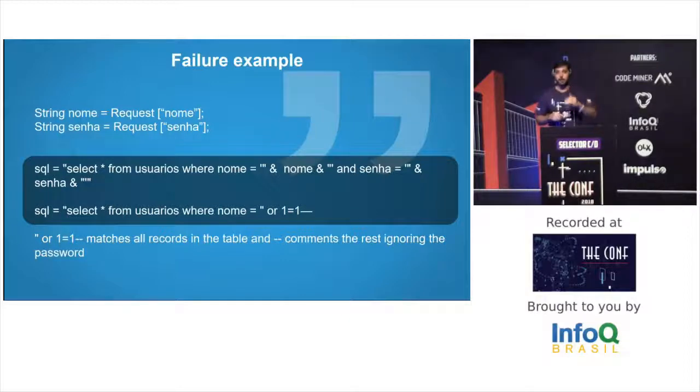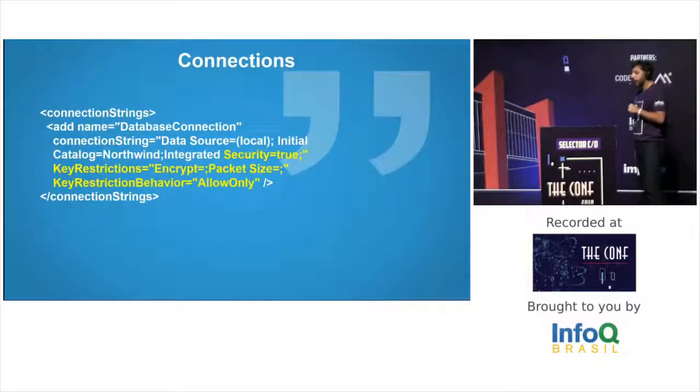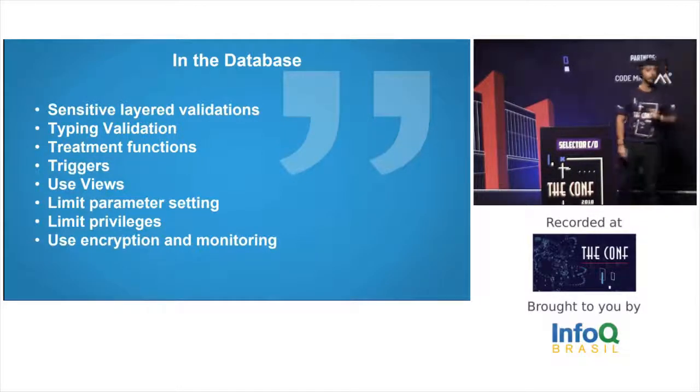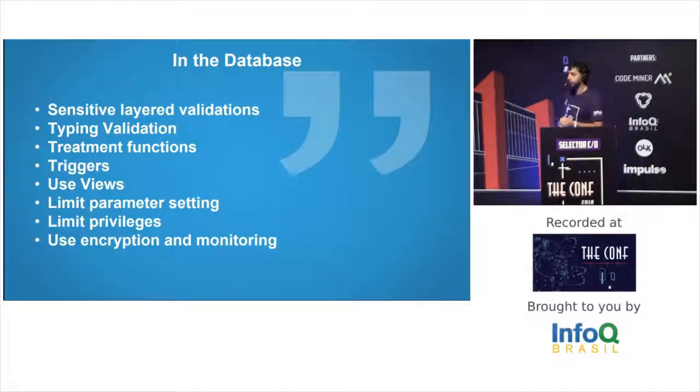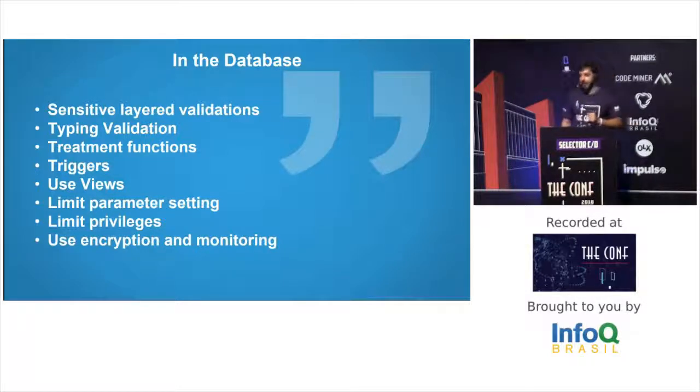Think and try validation of sensitive information. Use security connections. Think in the database about the triggers, views. Use views to reduce the permissions, to reduce the possibilities. Think about it. Stored procedures with functions to cut, to clean data. It's good too.